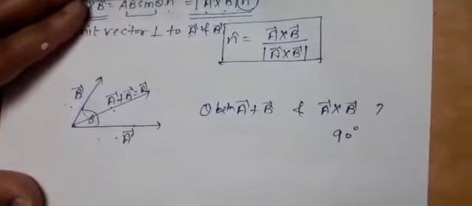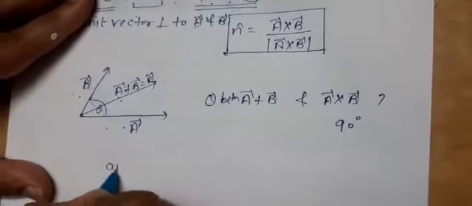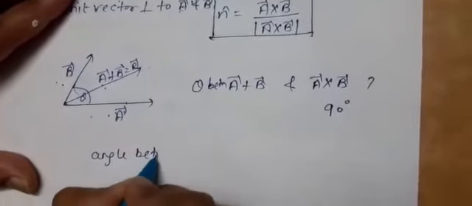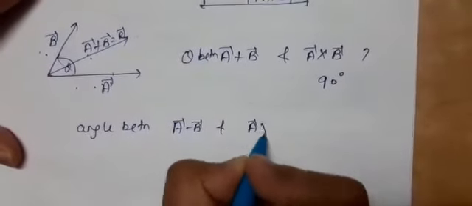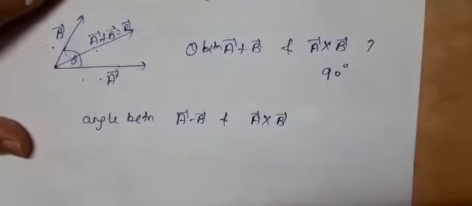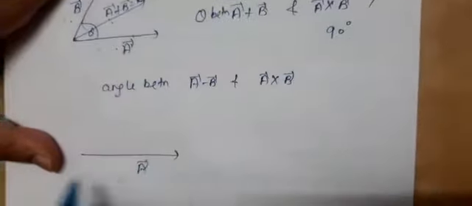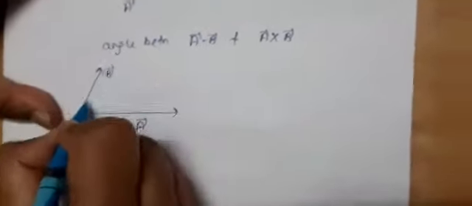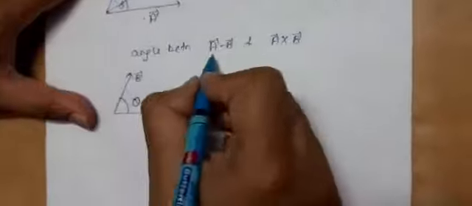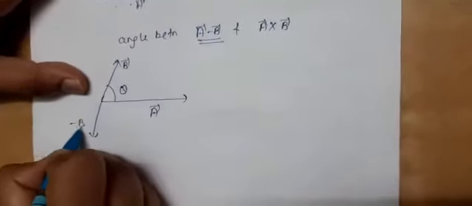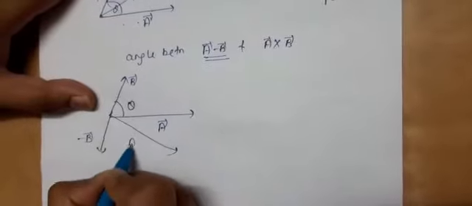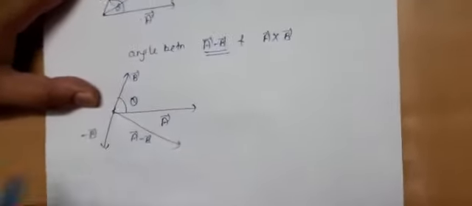Similarly, if it has been asked to find the angle between A minus B and A cross B, you can do it by yourself. This is vector A, this is vector B inclined at an angle theta. If I have to take A minus B, as I have already introduced, you will take the negative of B. Then the resultant of these two will lie here.